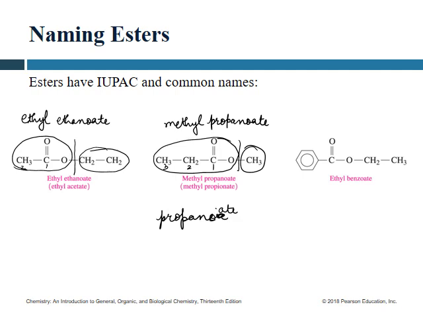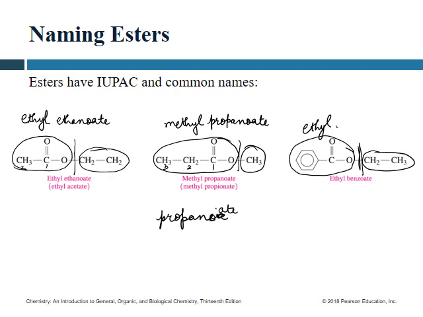Next, we look at this compound. When you look at this, you see a benzene, then you see a functional group which is COOR, which means it's ester. So we break it right here. This is my alkyl, which is perfect, 2 carbons, so this is ethyl, and then I see carboxylate ion, which acid is this? This was benzoic acid. So the ion would be benzoate.